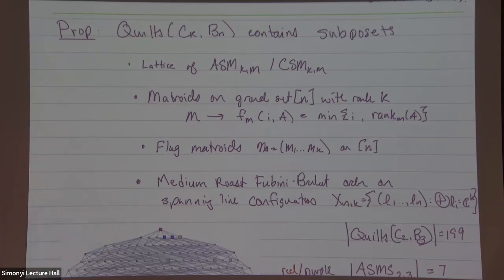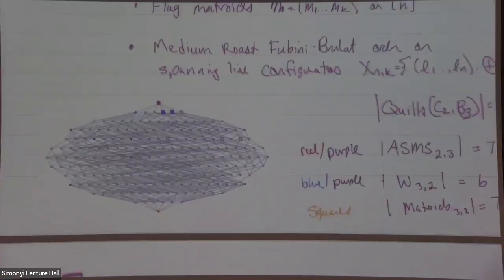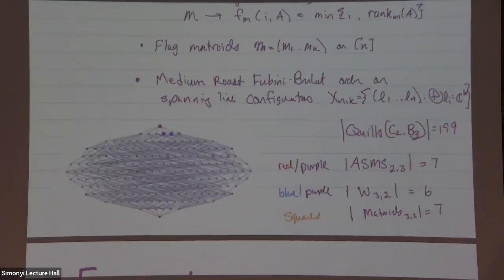Here's the problem. Even if you look at quilts C2 cross P3, there's 199 of them. So the Hasse diagram looks like this little hurricane here. And all these nice objects that we have, like the alternating sign matrices of size 2 by 3, there's 7 of them.